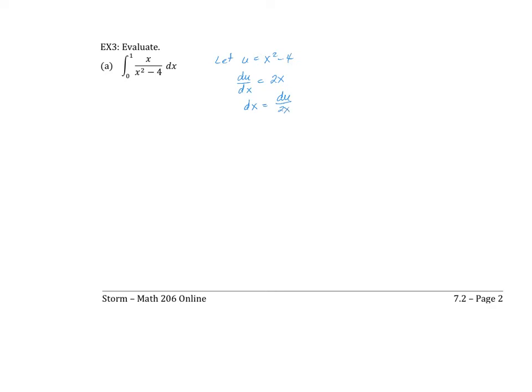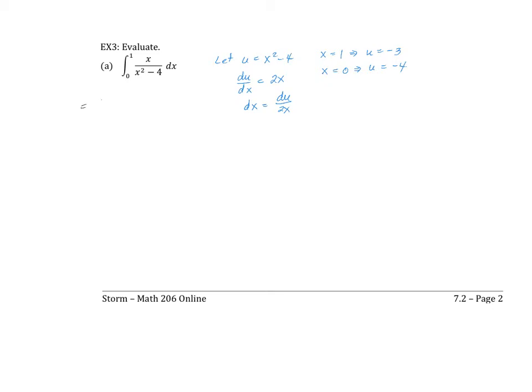But I also want to change my limits of integration. So if x is equal to 1, then u is going to equal negative 3. And if x is equal to 0, then u is going to equal negative 4.